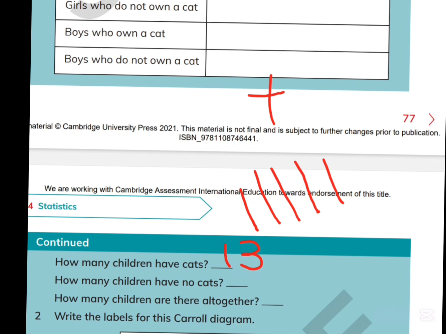Next question: how many children have no cats? Now I am changing the color. 3 girls and 7 boys do not have cats. So what will you do?